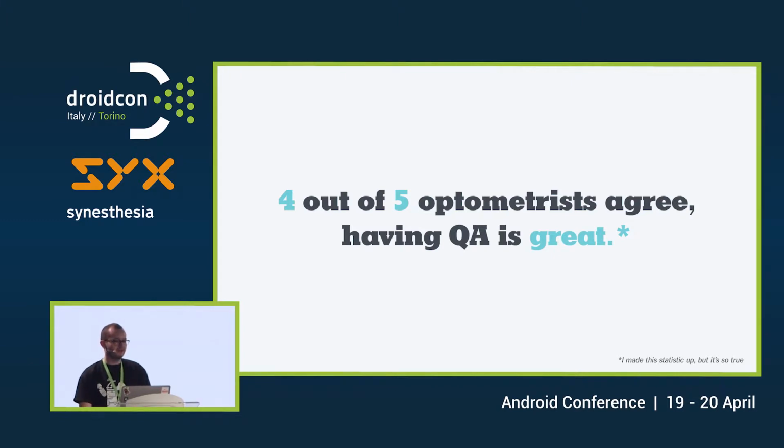And they're another way of breaking things, which is good because we need to break things. The more that breaks for you during development or through QA, the less that breaks for the user, and that's the most important thing. So if you want, please use this statistic. Give it to whatever stakeholder wants to hire QA, and it should work.